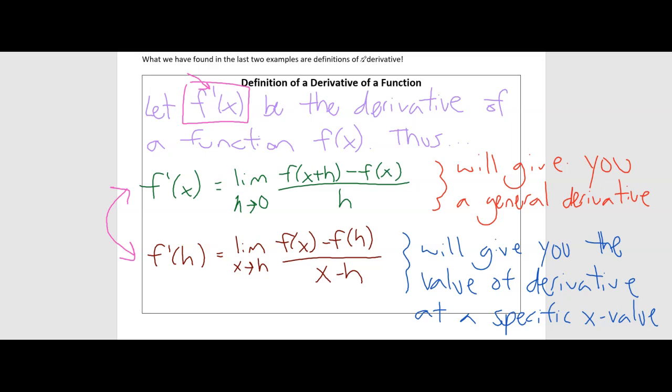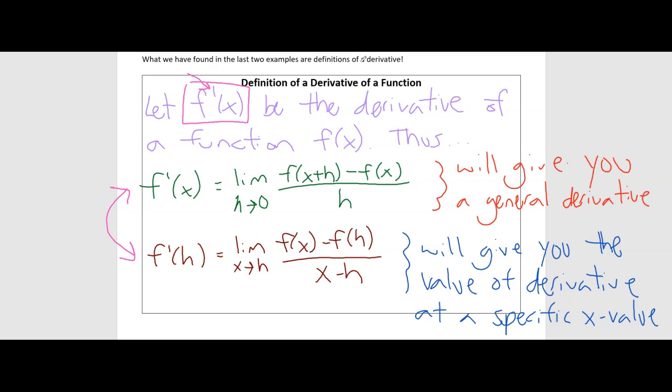If you already know where you want to find the derivative, I would use the one below in brown or maroon, because that gives you the value of the derivative at a specific x value, whereas the one above in green will just give you the general derivative function.